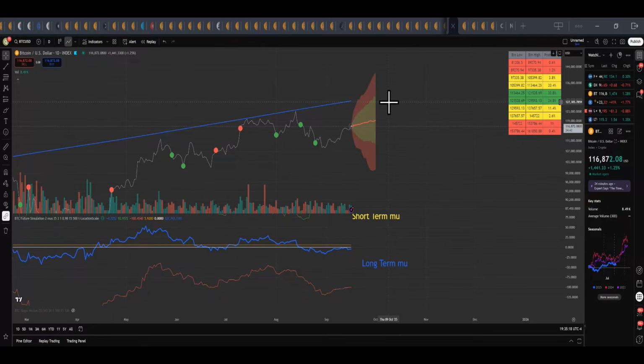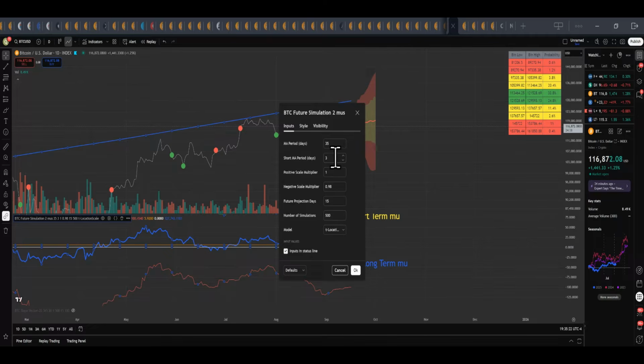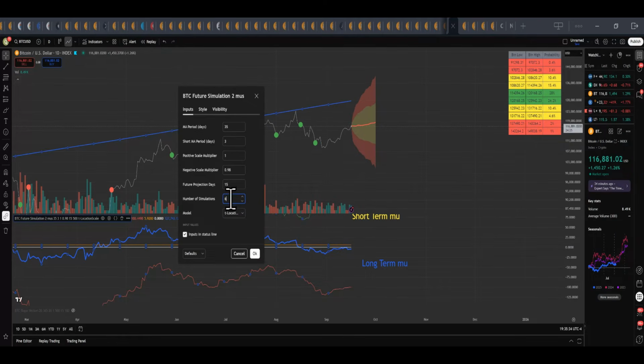Let me show an experiment. I don't know if there is a limit, but let's say six. Let's see what happens when it updates. Let me see if we do it 20.